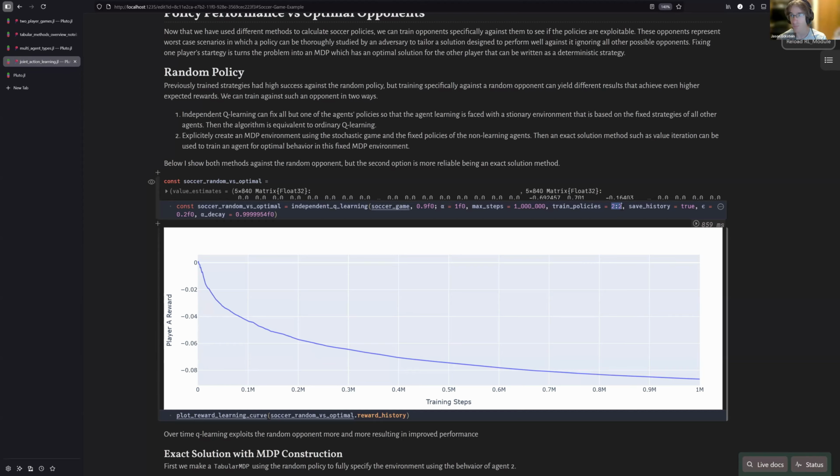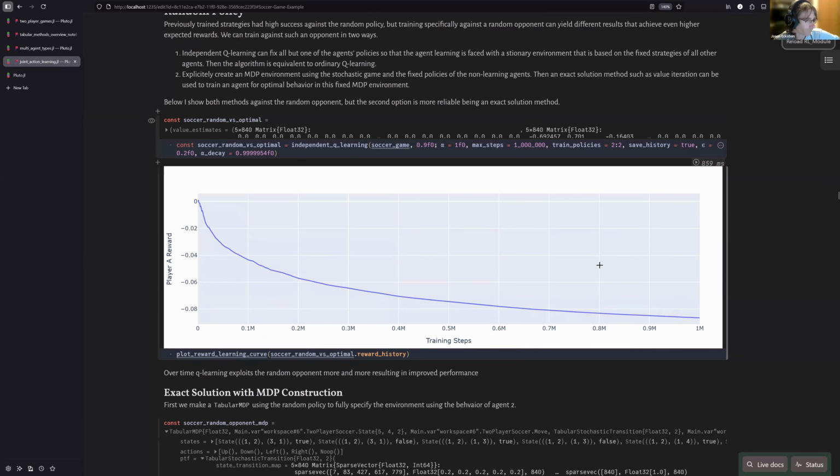One is going to stay random, the other is going to train. And this is the learning curve over time for the A player, the one that's not learning. It is doing worse and worse over time as the opponent learns to exploit it. So this is an example of saying, we have a random opponent. What is the policy that best exploits a random opponent?